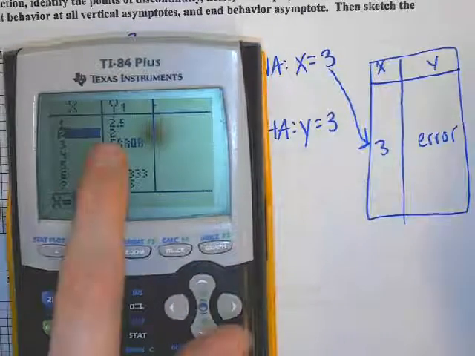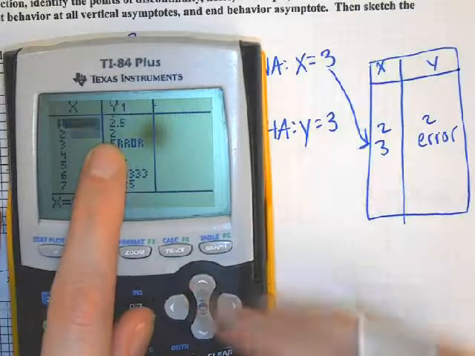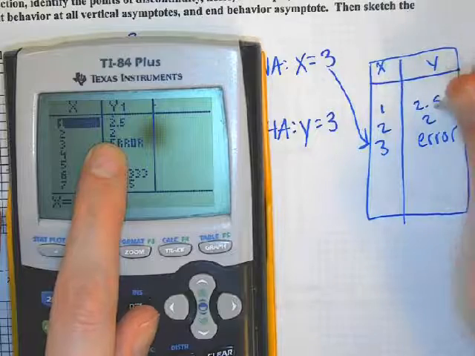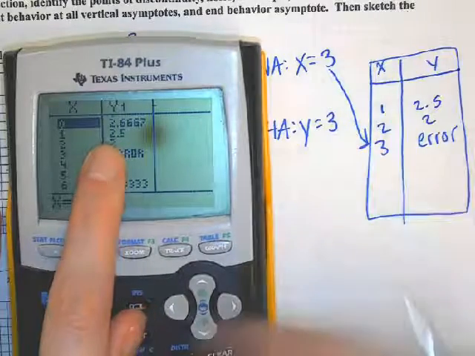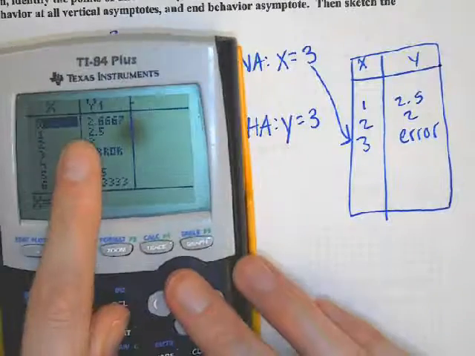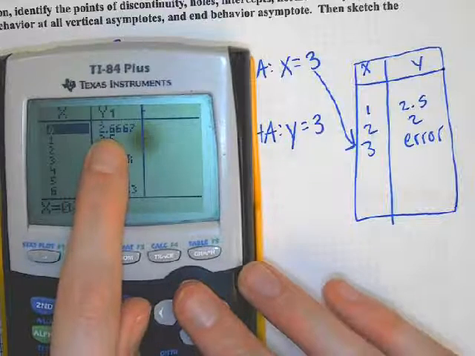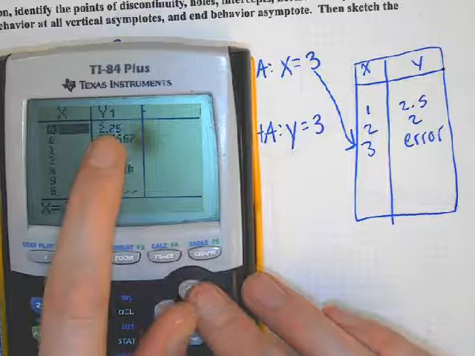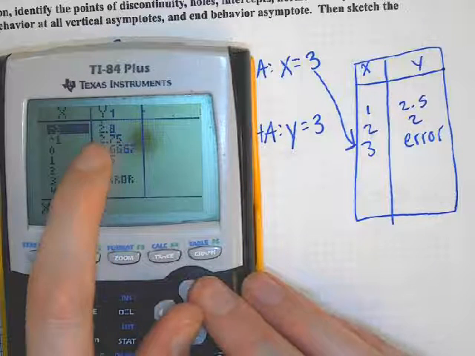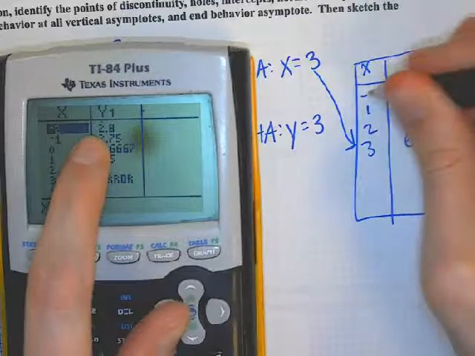Okay, so right above it we have 2, 2. We have 1, 2.5. And do I want to use that one? We can if we round it. We could round it to 2.7, or we can skip it and use that one. I like that one better.